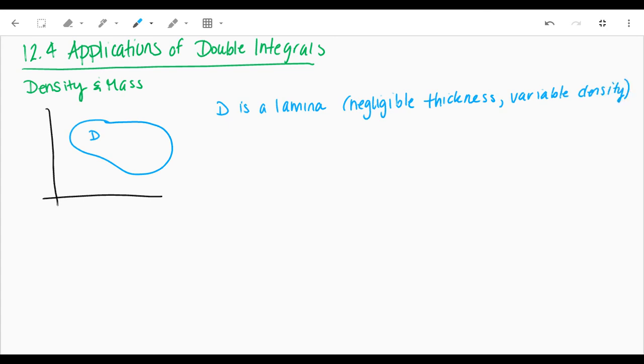Okay, so you can think of that as maybe electric charge on a plate. You can think of that as like population in an area, where the thickness there would not matter.